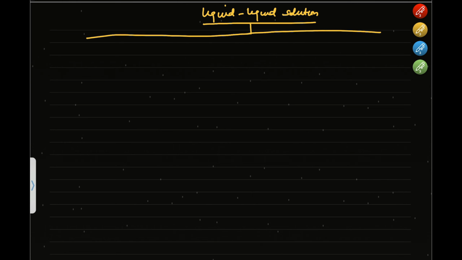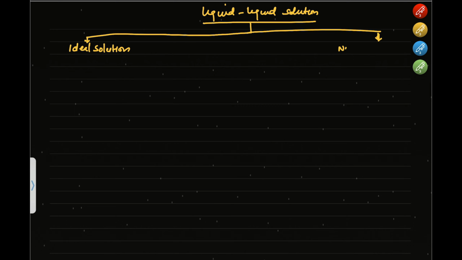The next heading is the types of liquid solution. Liquid solutions are broadly two types: ideal solution and non-ideal solution.